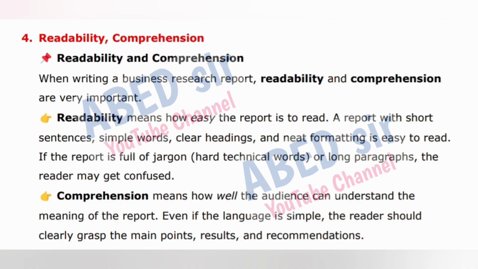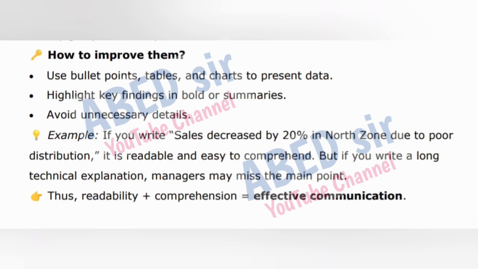Comprehension means how well the audience can understand the meaning of the report. Even if the language is simple, the reader should clearly grasp the main points, results, and recommendations. How to improve them? Use bullet points, tables, and charts to present data. Highlight key findings in bold or summaries.